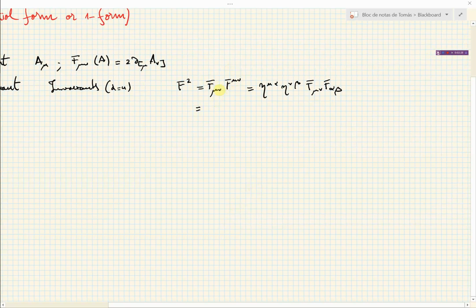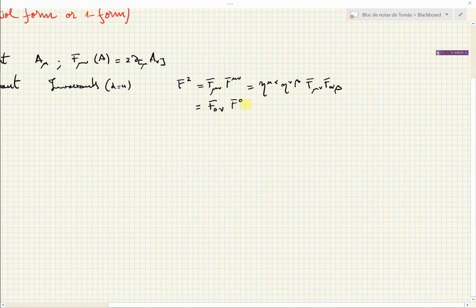So we have to split these indices mu and nu into zeros and i's. So let's first split mu. So first it can be 0. Oops, sorry, this is nu, I'm not touching nu. And then you sum over i, nu, F i nu.